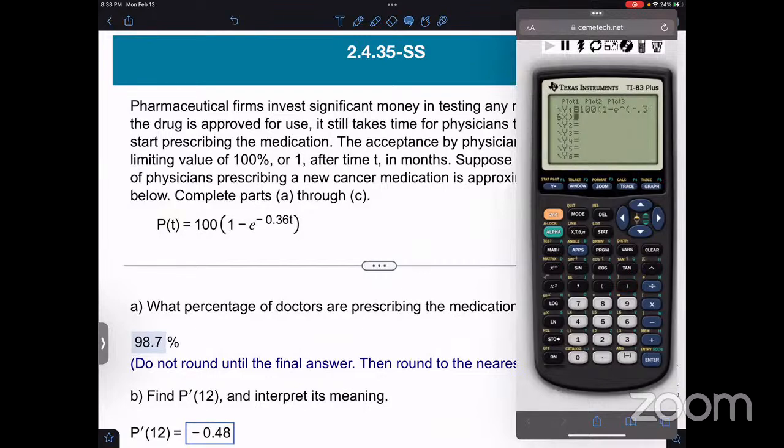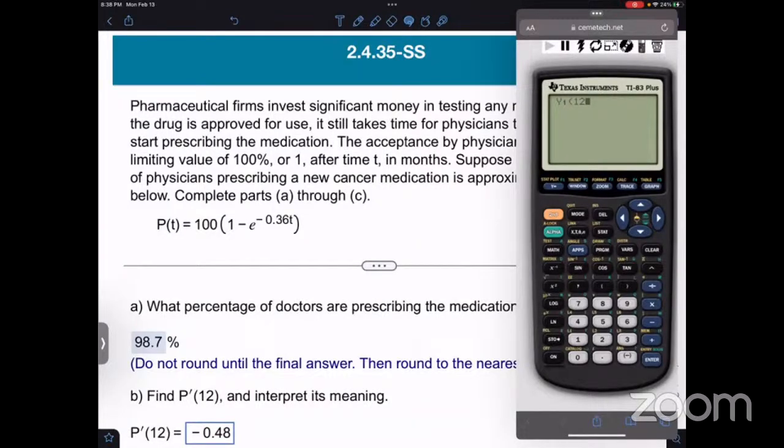So then I want to call on that function. Okay, there it is. And we said after 12 months, right? So we basically plug 12 into our function. We should get 98.7%, right? Round to the nearest tenth.